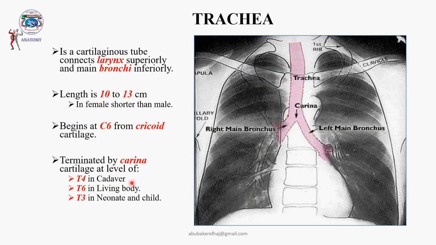The carina is the terminal part of the trachea, and this bifurcation has different levels. Normally in the cadaver it is about the level of T4, but in the living body, according to continuous respiration, the level may extend until C6, and in neonates and children it is about the level of T3.